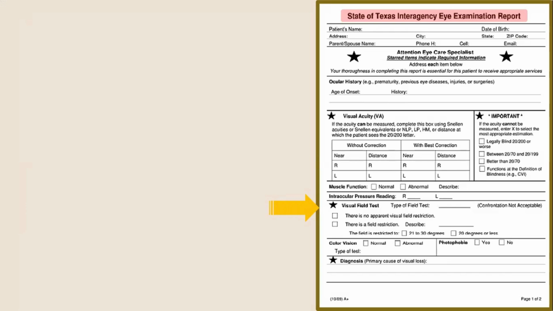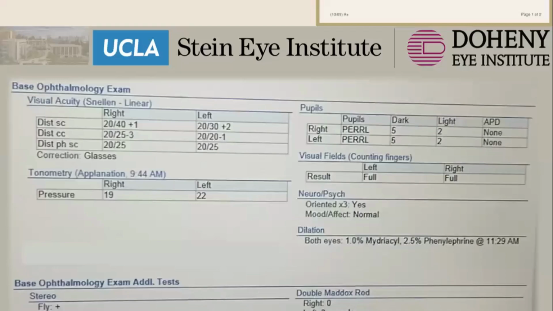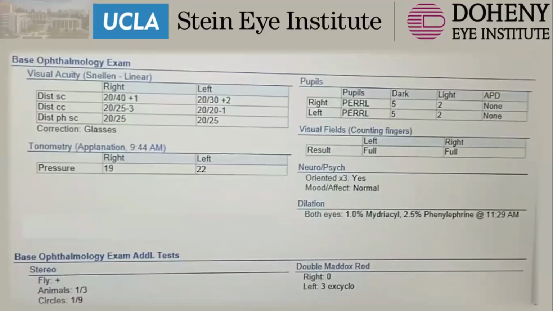This is a sheet, like an eye examination report, and as you can see, visual field test, if we enlarge it, is part of the sheet. You have to mention the type of the field test and the findings. And this is an electronic medical report from Einstein Eye Institute, actually for the strabismus unit from the strabismus clinic.